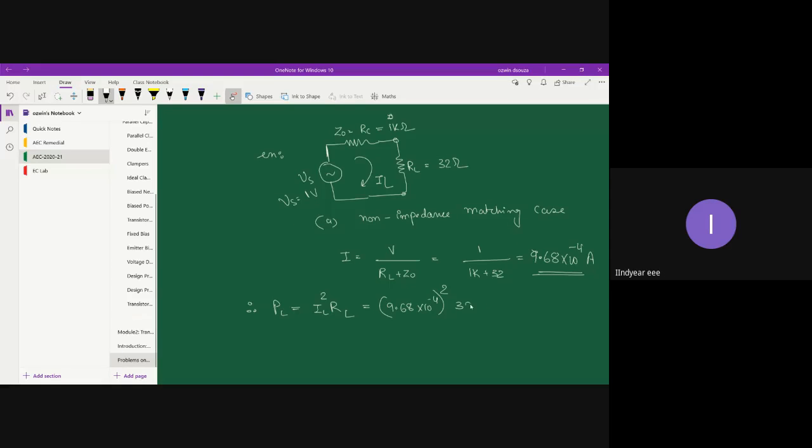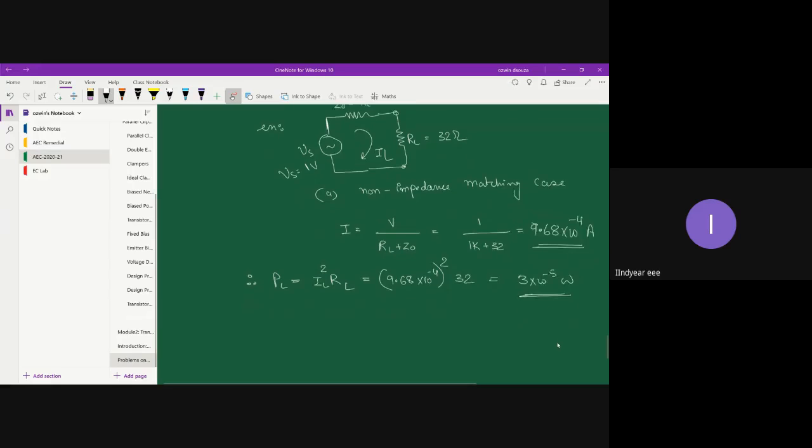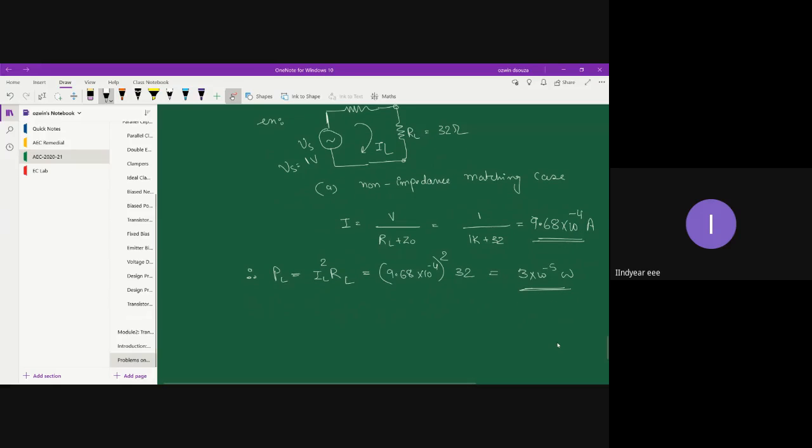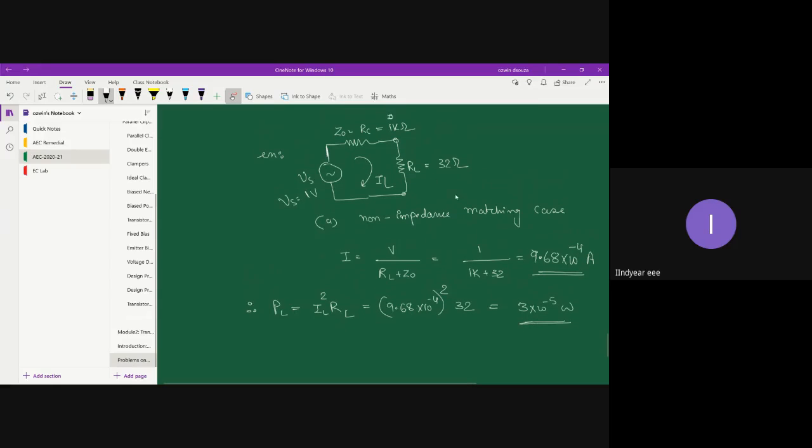RL is 32 ohms. So it's about 3 into 10 to the power minus 5 watts. So this is the power being delivered to the load if there is impedance mismatch.